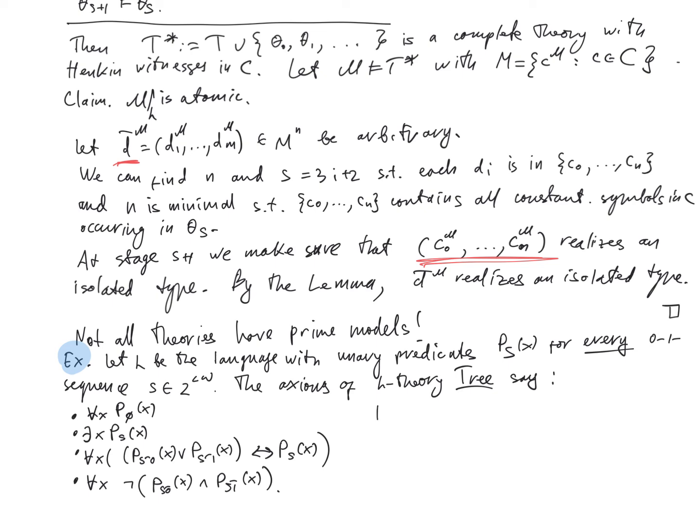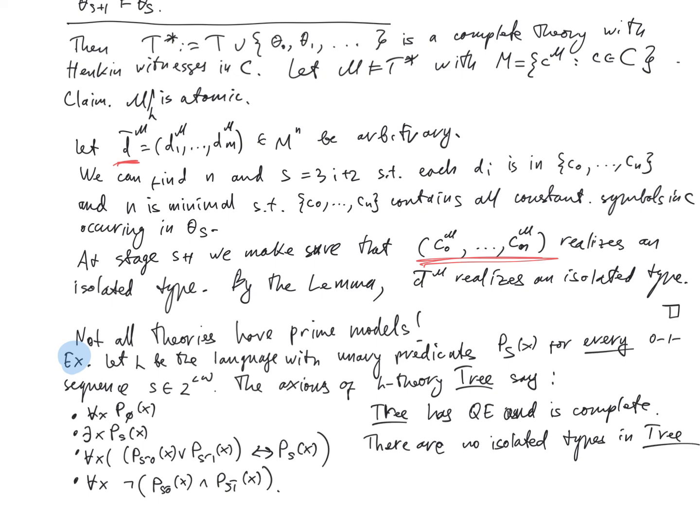We claim that the theory T3 has quantifier elimination and is complete. We leave verification of this claim as an exercise, and once we have quantifier elimination, we can then conclude that there are no isolated types in T3.